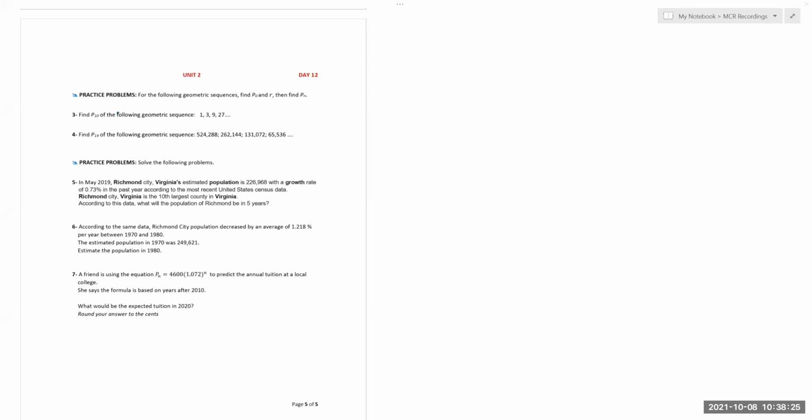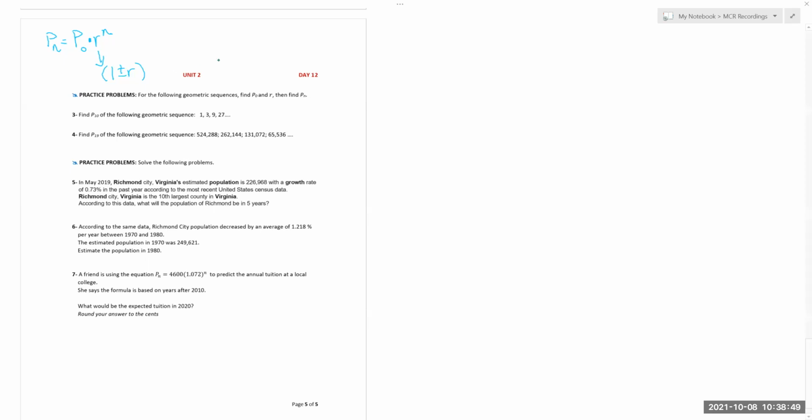Okay, so here are some practice problems for us to try. So if we are looking at these, just remember, here is our formula that we're trying to get. If it's a sequence, the R is just what it is. If it's some type of percent, we need to do plus or minus R, depending on if we are growing or decaying.